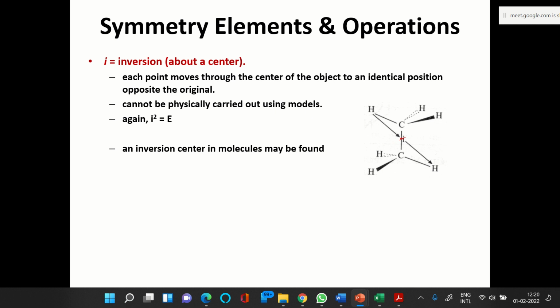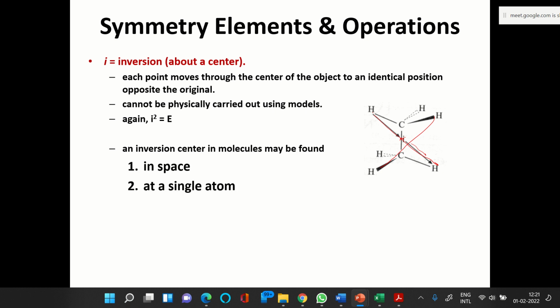Imagine a three-dimensional geometry. It is above the plane, goes through this point, passes through that central point to this hydrogen atom, and similarly for the other one. So this is the way we can talk about the geometry.